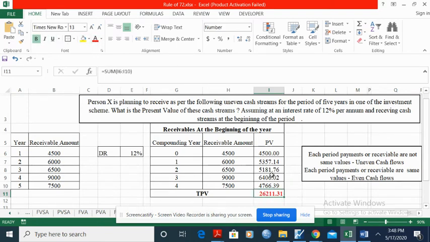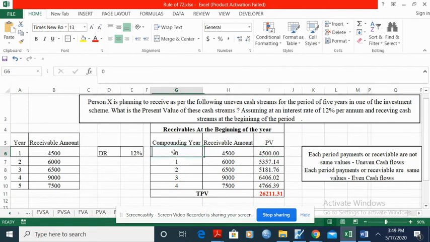26,211 is nothing but the present value of all these cash inflows as on today, that value is 26,211.31. Why are both the receivable amount and present value the same here? Because as on today, Mr. X is receiving 4,500 rupees at the beginning of the first year, and as on today that value itself is 4,500 only.